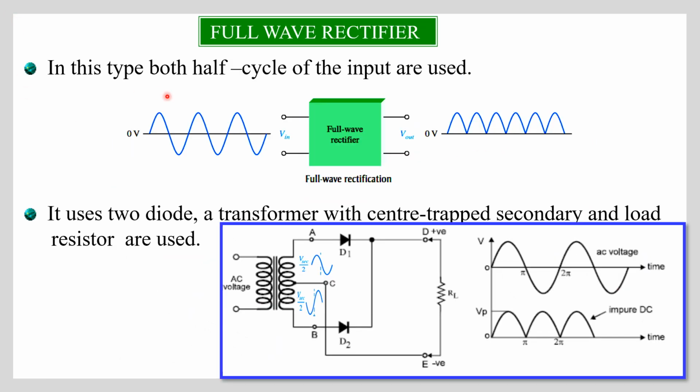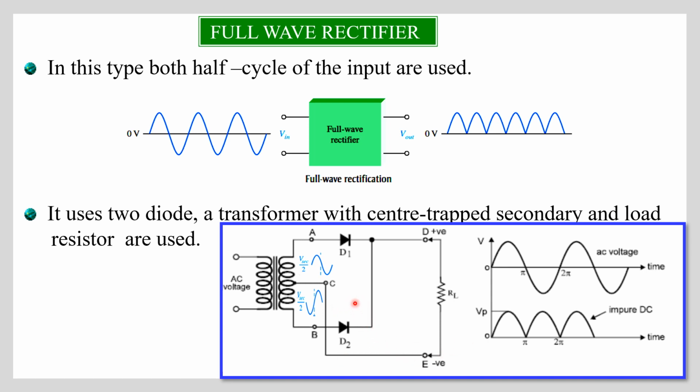Now the full wave rectifier. In this type, both half cycles of the input are used, so we get the output for both half cycles. A center tap rectifier is a type of full wave rectifier that uses two diodes connected to the secondary of a center tap transformer.